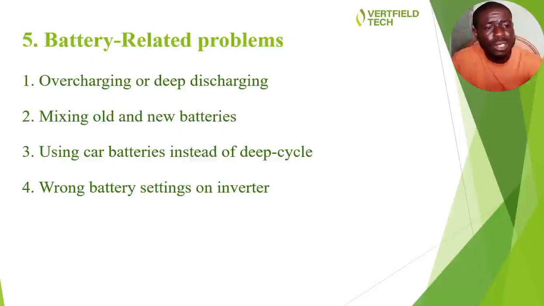Overcharging has to do with when you charge your batteries above the specified limit. That is what we call the float limit of your batteries, where it is supposed to cut off energy from it.